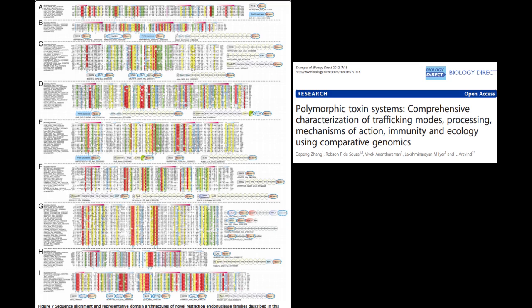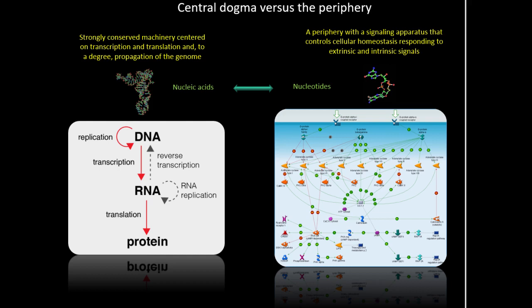So what it told us was that there was a lively exchange of these effectors between different conflict systems. And even though they may be deployed in different contexts, the ultimate objective of cell killing was achieved through a similar mechanism. And that mechanism was targeting the central dogma.